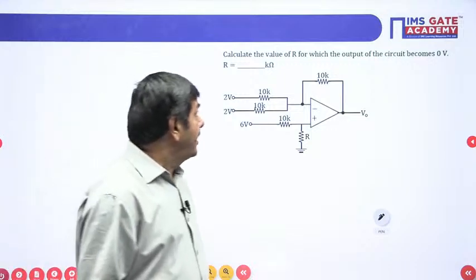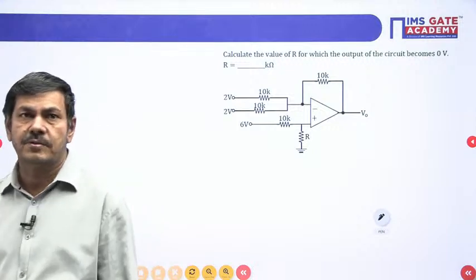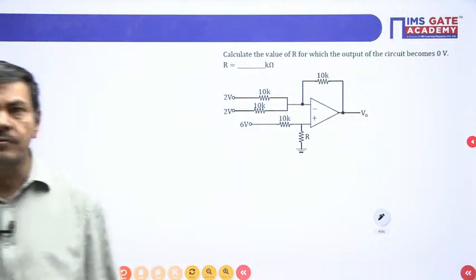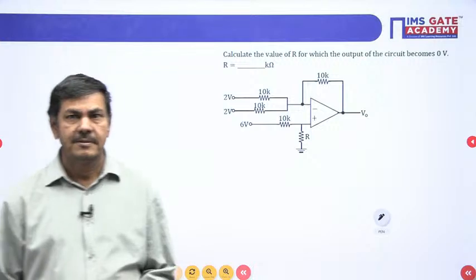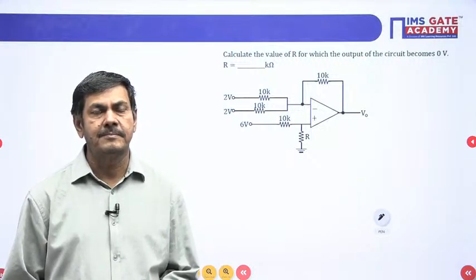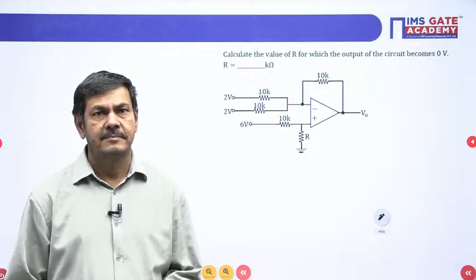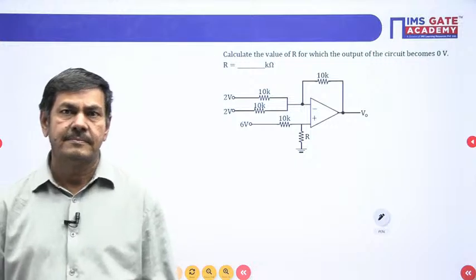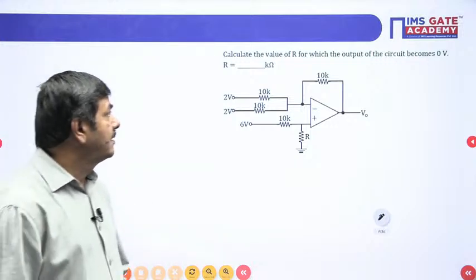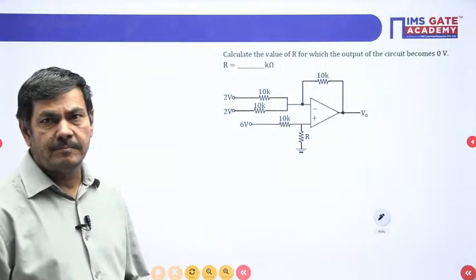But thereby the required resistance R. You try to find the R value from the given problem. What is the value of R from the given problem?